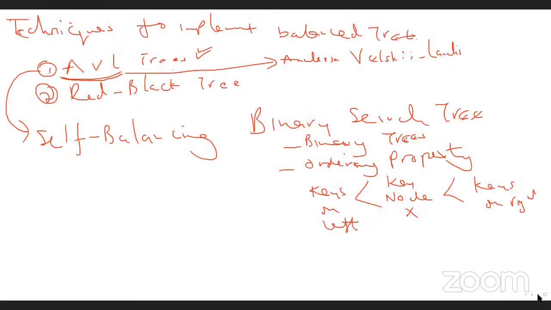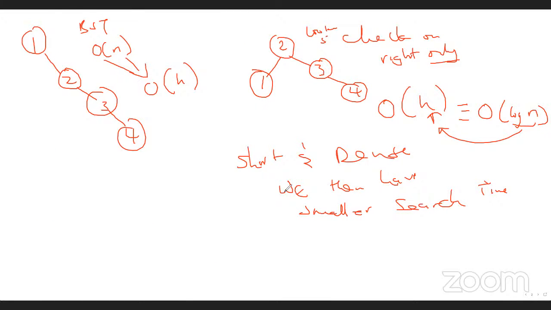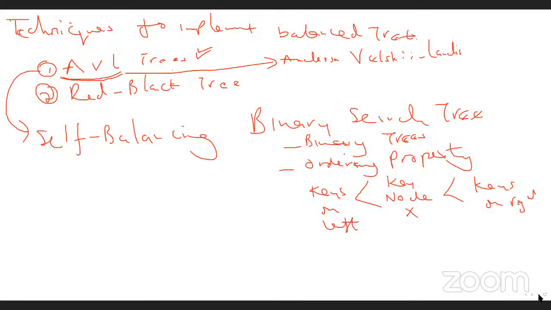We want to reduce that, and we said maybe the cure is to come up with short and dense trees. Their height is minimized, and when the height is minimized our search is also minimized, because we are starting with O(h). That's how it is.